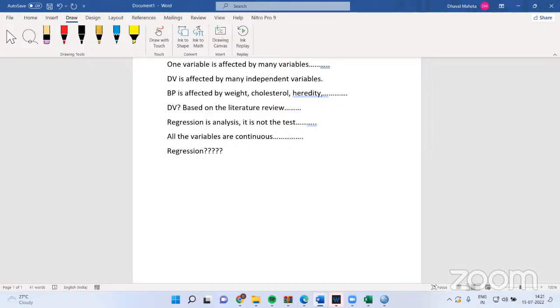That is all the textbook definition. Why do we run regression? Because there are many continuous variables here. My question remains as it is. To predict the value of the dependent variable.